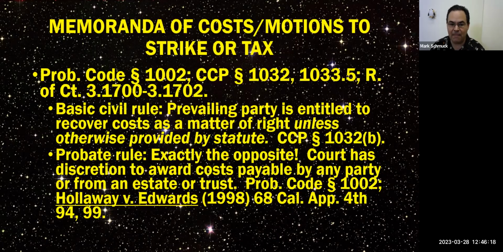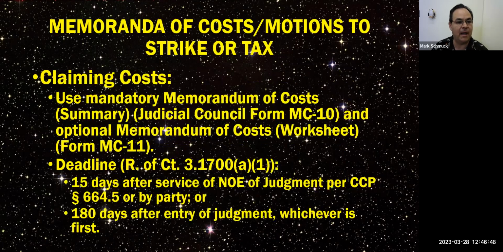I highly recommend that in your closing briefs or in your closing argument, you request that the court make a costs order pursuant to Probate Code Section 1002. Now, this does not mean that the court is going to assign the amount of costs. 1002 is designed to allow the court to make an order determining entitlement to costs. The amount of costs is set separately, which we will talk about now.